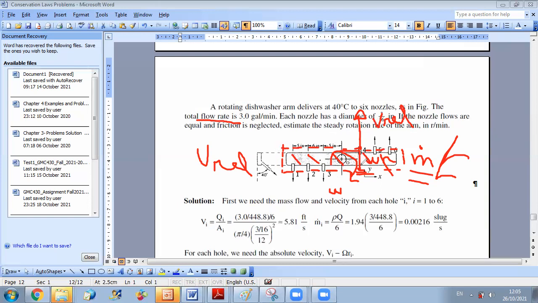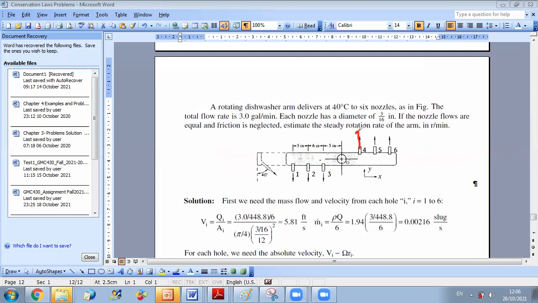This is why when you apply the angular momentum principle, you use absolute velocities. To find the absolute velocity at any outlet of the nozzle, I should do V relative I, and we have seen that V relative is the same everywhere in magnitude, minus omega times Ri.